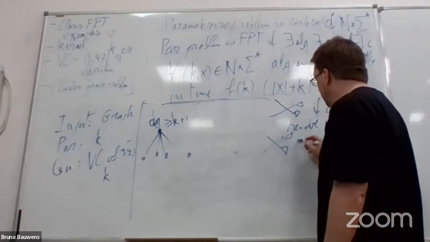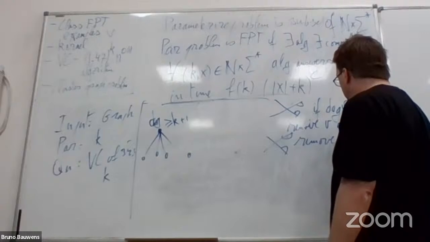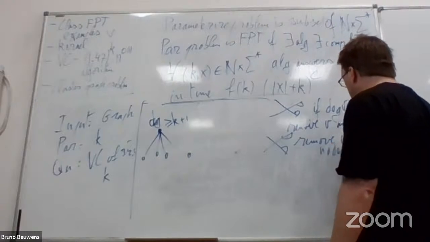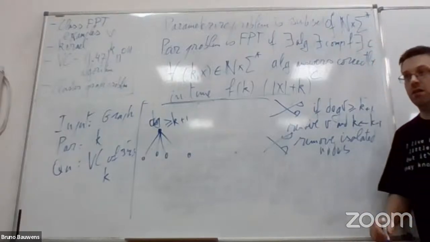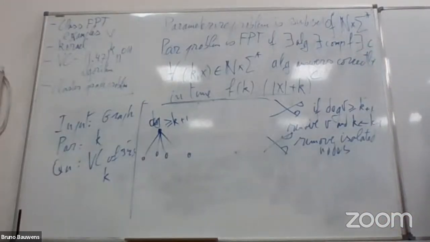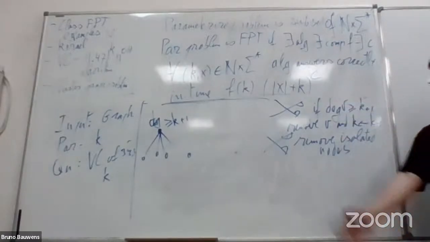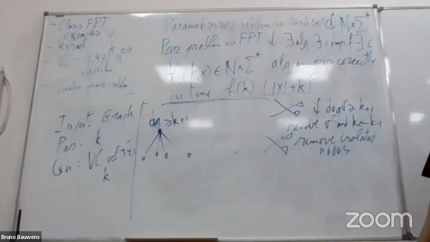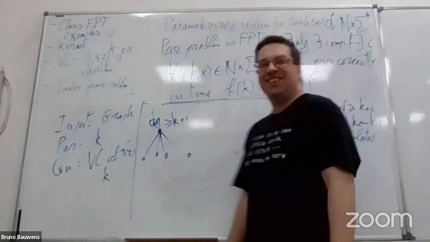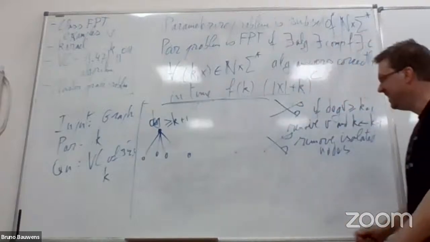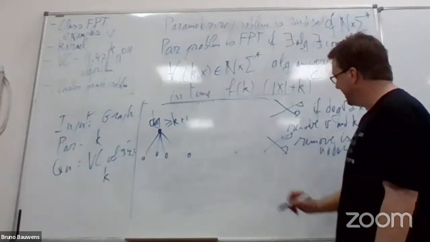Remove isolated nodes. Also, if there is a leaf, where one endpoint of an edge is a leaf, then we can add the other node into the vertex cover and remove it. I will not repeat it; it's a homework task. It's a hint for the homework, but you still need to calculate something, so it's not all of the homework task.